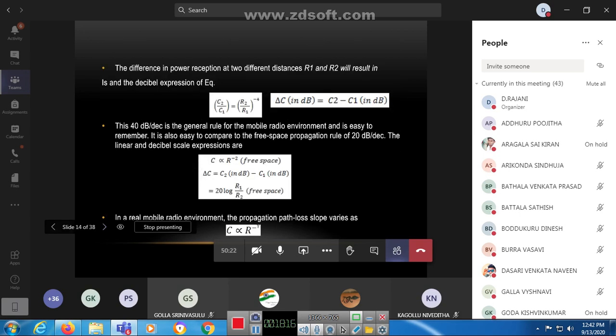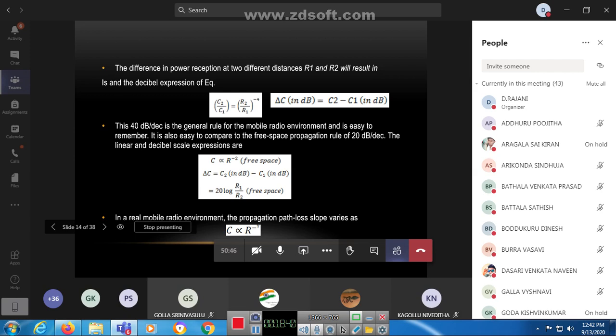propagation attenuation. For that we can take the difference in the mathematical expression C2 by C1, that is the difference in power reception at two different distances. The two different distances are one is 100 meters and the other is 200 meters. How do you express that equation?